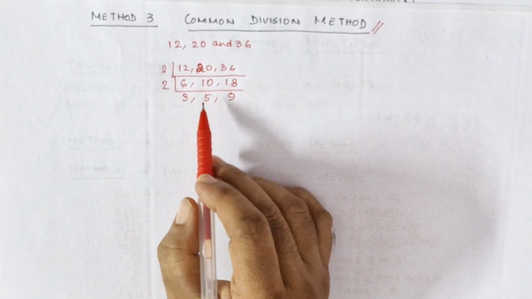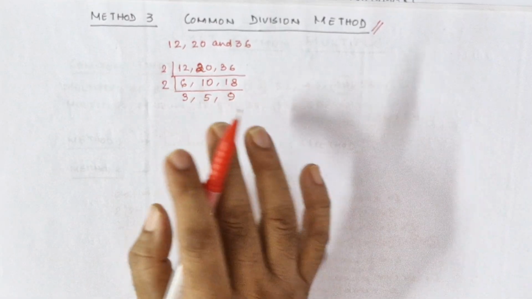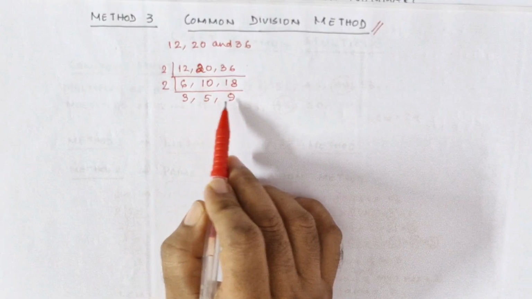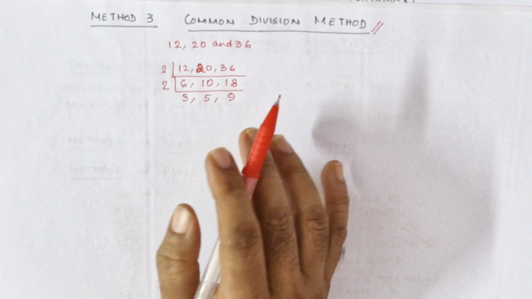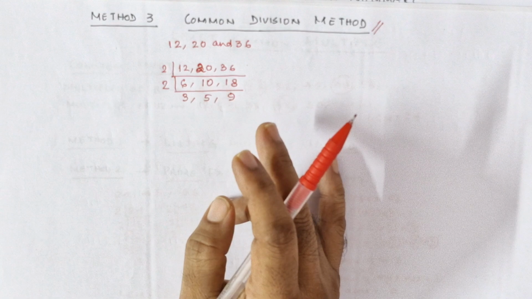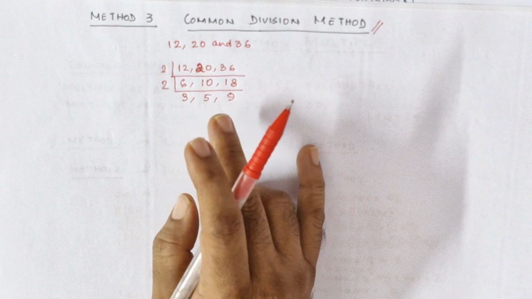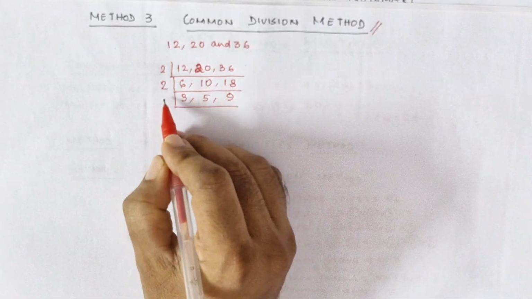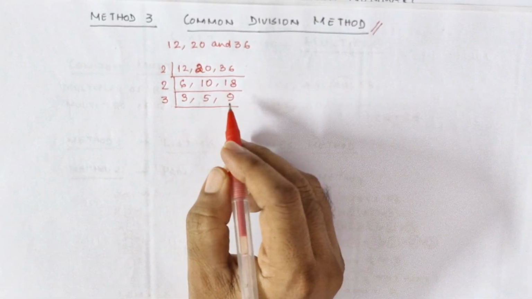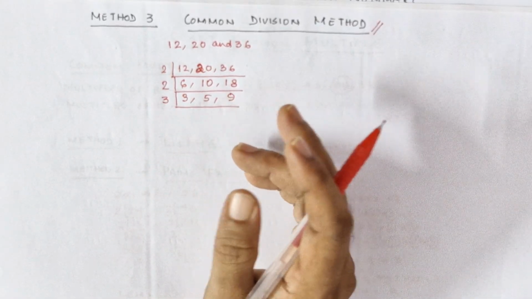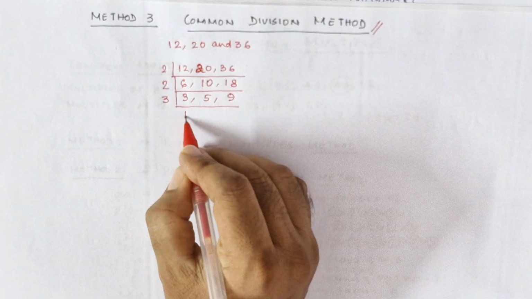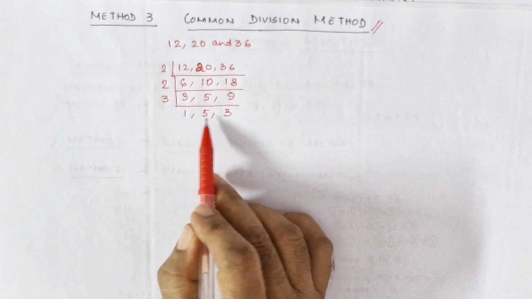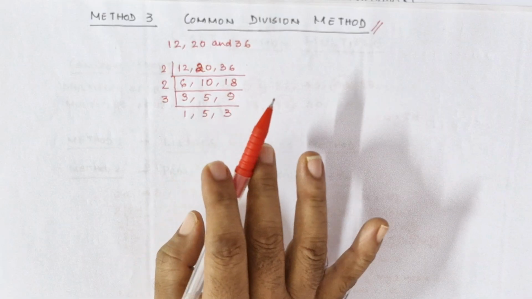Now try to find out whether these are all divisible by 2. It's not. So let's jump to 3. These are not all divisible by 3. Are there any 2 numbers which are divisible by 3? Yes, there are. Then try to divide them by 3. At least 2 numbers have to be divisible. So 3 ones are 3, 5 and 3, right? So these are prime numbers. So we'll stop here.